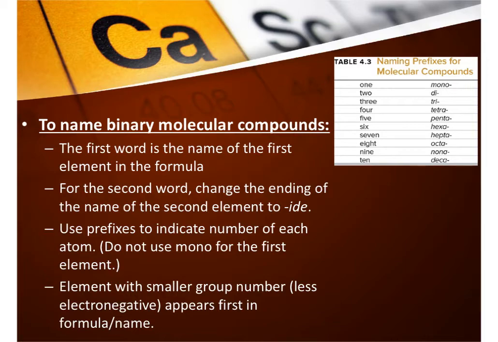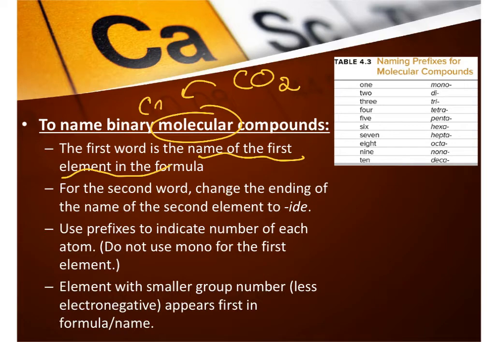All right, we're going to start with the easy ones, which is covalently bonded compounds or molecular compounds. And so the first word of actually any compound, whether it be molecular or ionic, is simply the name of the element. So if we have something like CO2, okay, you would start that name with carbon, simply the name of the first element in the formula.